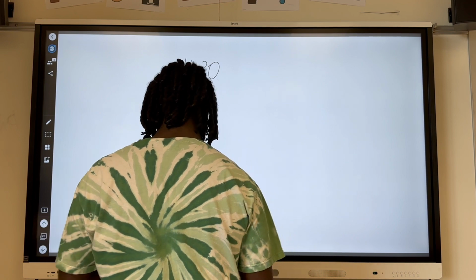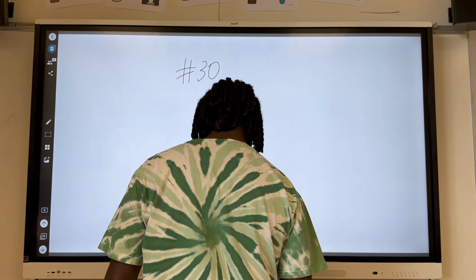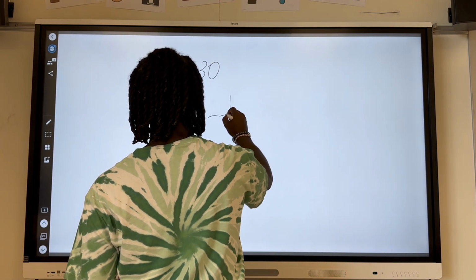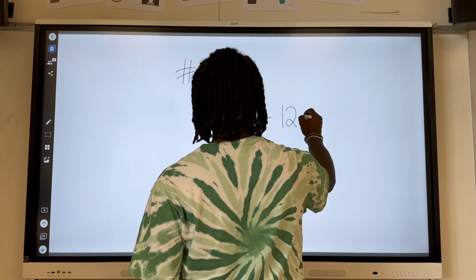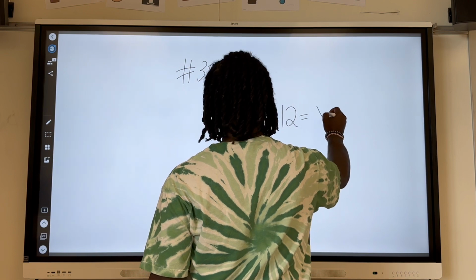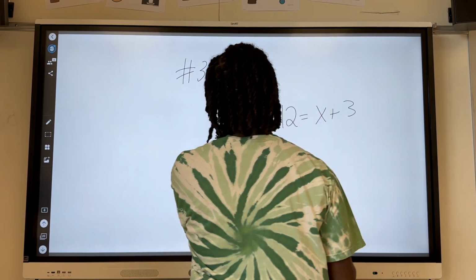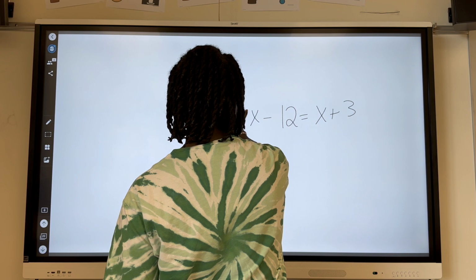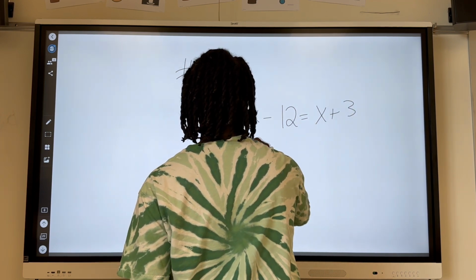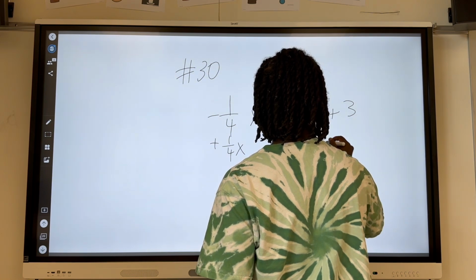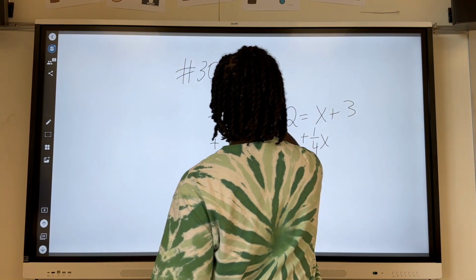All right, here, all you got to do is the inverse operation. So we got negative 1/4 x minus 12 equals x plus 3. Okay, got to get all the x's on one side. So I would move the x's on this side because I want to move it to where I have more x's. Okay, so these are going to cancel.